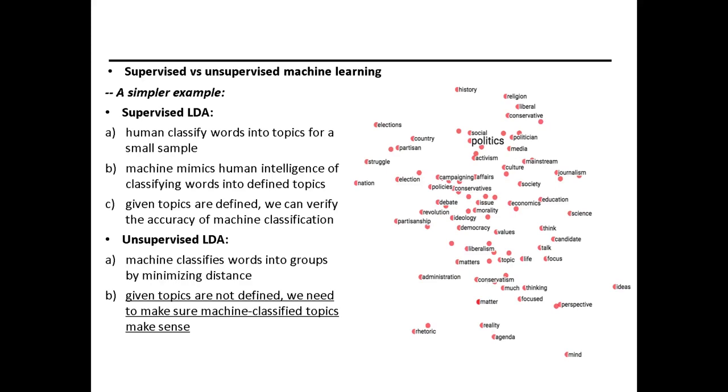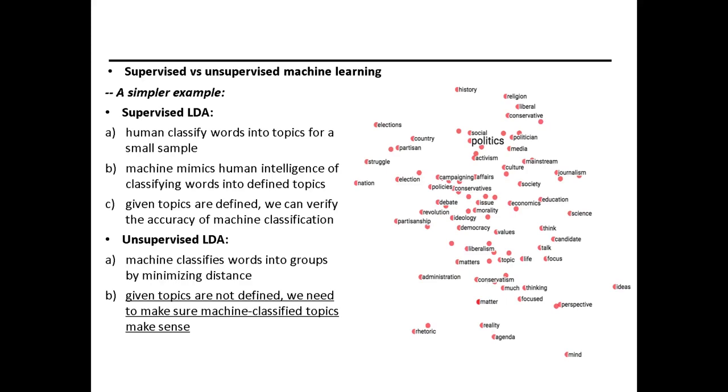You read the text, and you label this sentence as a topic for climate, this sentence as a topic for financial fair value, this sentence as a topic for intangible assets.